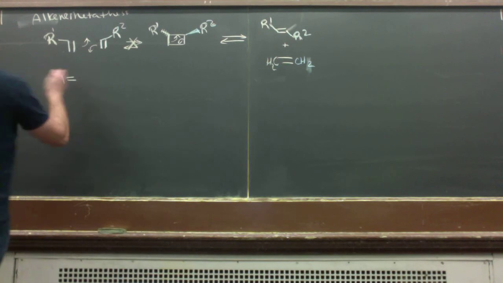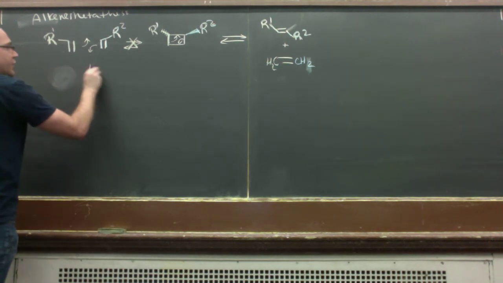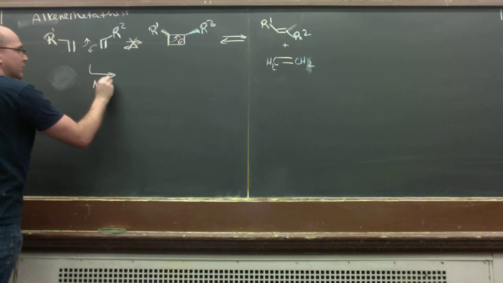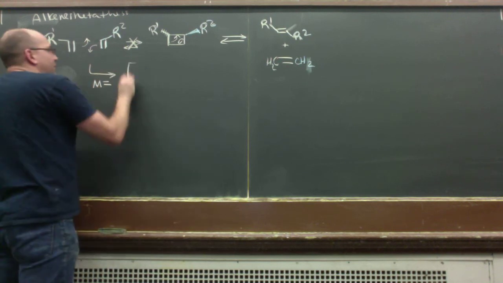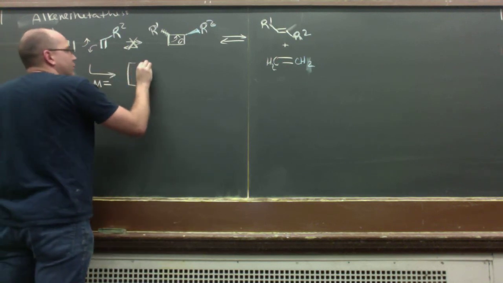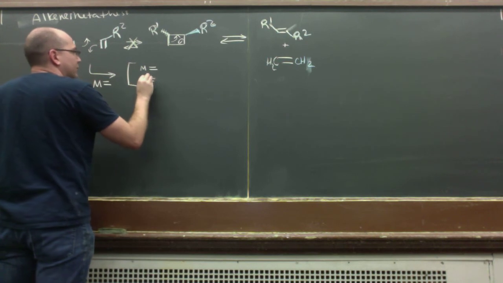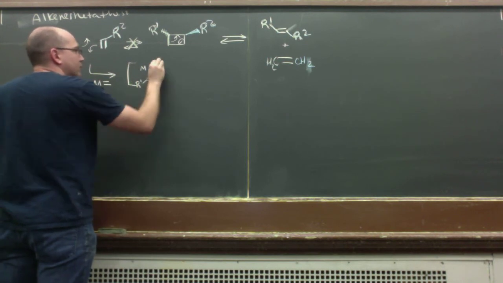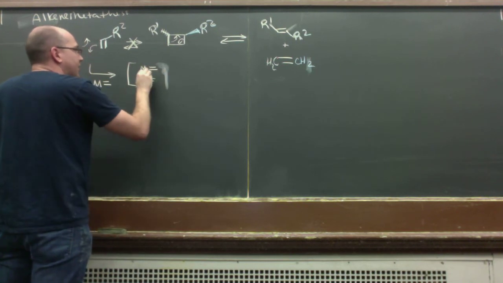So if you took a molecule like this, and you treated it with a metal carbene, what happens is the metal carbene can actually facilitate this process, because the metal carbene can do the 2+2, retro 2+2 process, so it can do the exact same thing there.